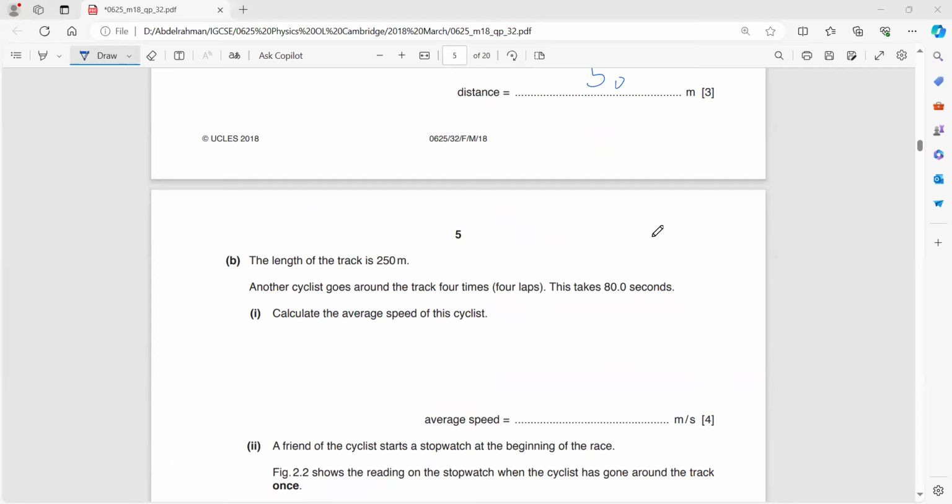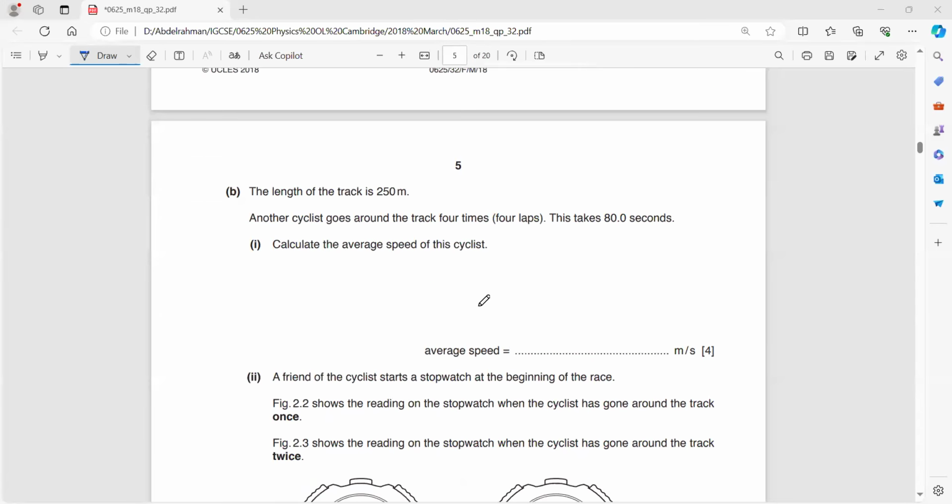The length of the track is 250 meters. Another cyclist goes around the track 4 times, 4 laps. It takes 80 seconds. Calculate the average speed. How can I find the average speed? Total distance is 250 times 4, which is 1,000 meters.